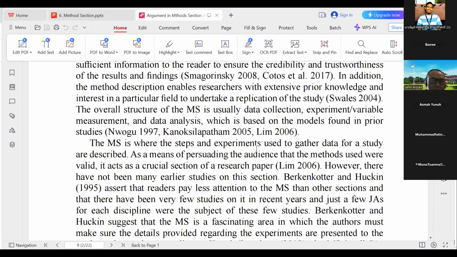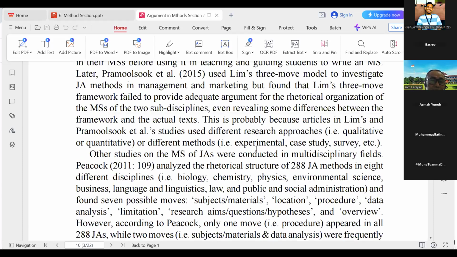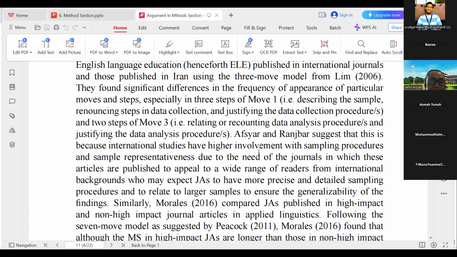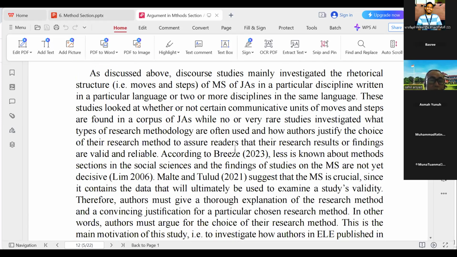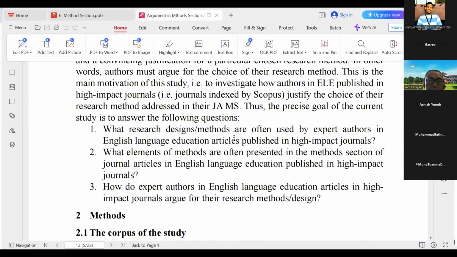So my research questions are: what research design or methods are often used by expert authors in English language education articles published in high impact journals? High impact journals mean journals indexed by Scopus or Web of Science.